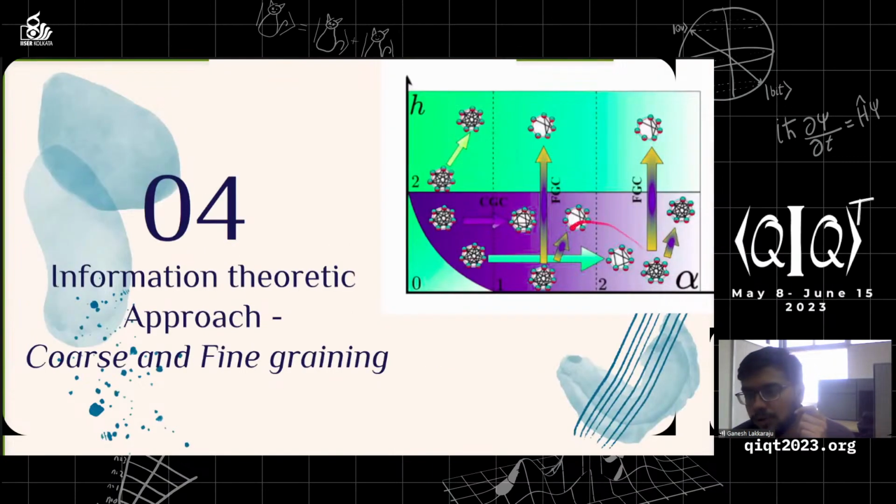If you are quenching from here to here, that is in h and alpha, the fall-off rate goes like this. And if you are quenching in the same phase, the fall-off rate looks like this. Whenever you are quenching in the same magnetic phase for the same alpha, it follows such a fall-off rate, as opposed to crossing the phase boundary. This transition is only observed when you cross the alpha equal to 2 point.